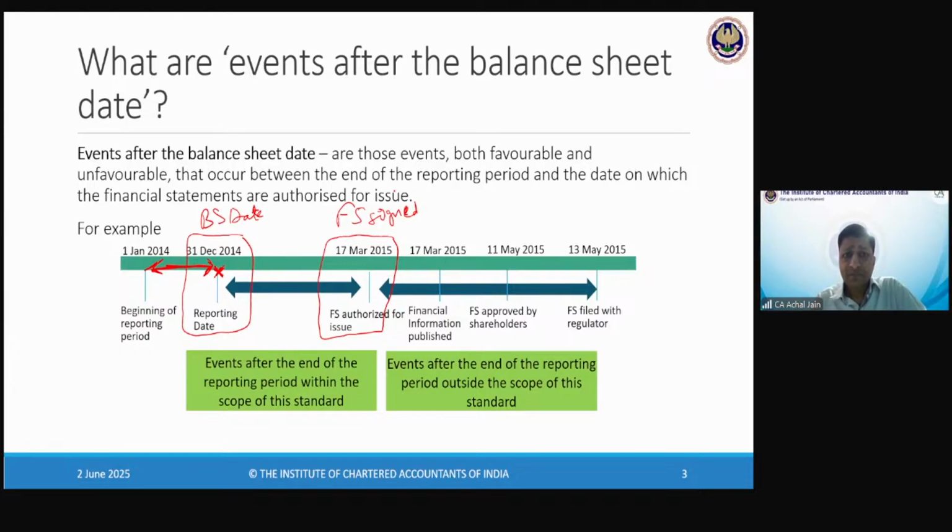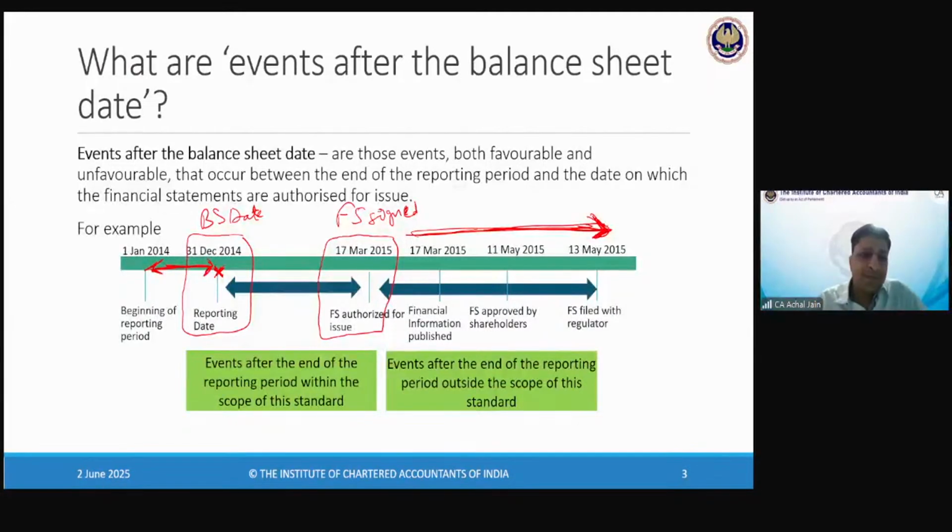Correct? That will also have to be filed with various regulators. So there are a lot of activities which take place after the financial statements are signed off, or you can say after the financial statements are authorized. Okay. So that's the period.